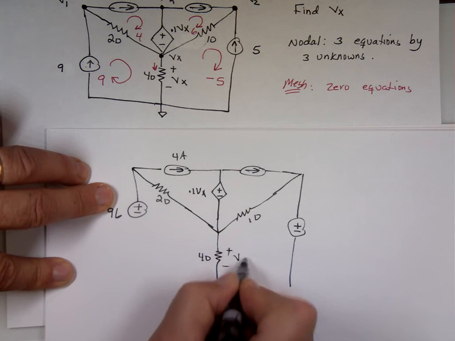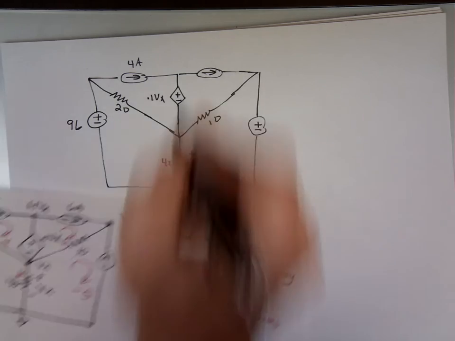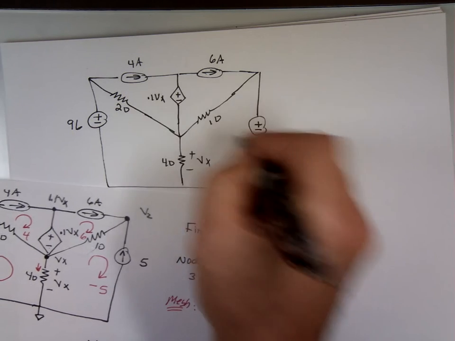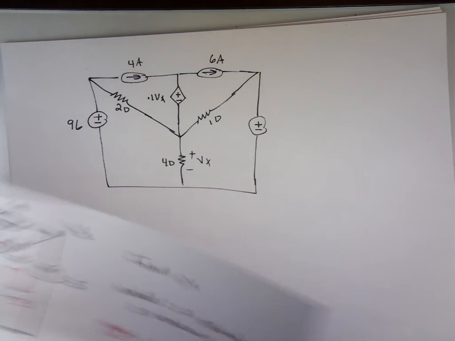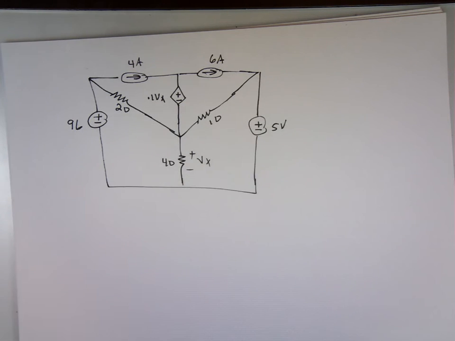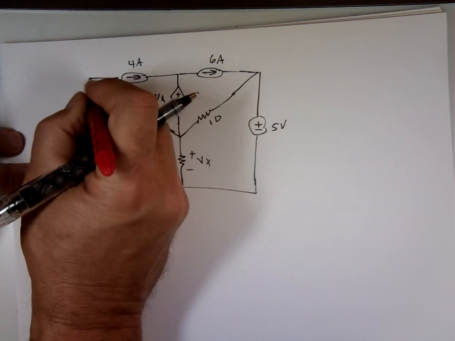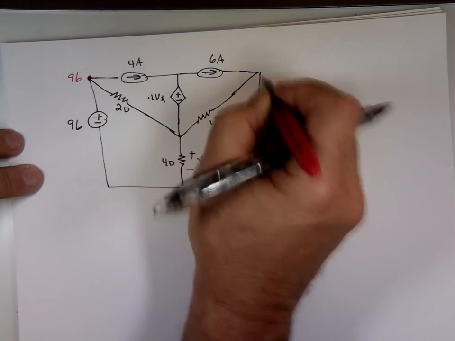So if I change that to this circuit, and I'll put some numbers in it, that's 6 amp, that's 10 ohm, that's 40, Vx. I need a value for that source. It was 5 amps, let's call it 5 volts. Now in this case, I know the voltage here. What's the voltage here? 96. What's the voltage here? 5 volts. What's the voltage here?